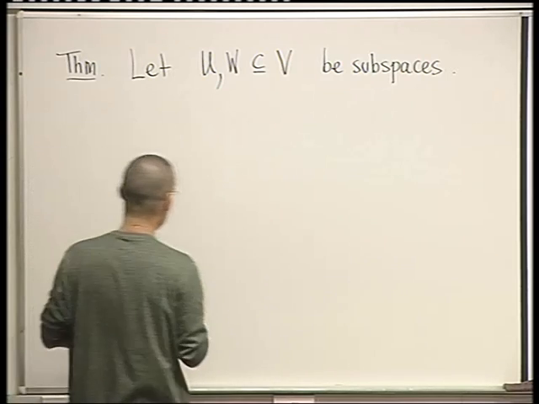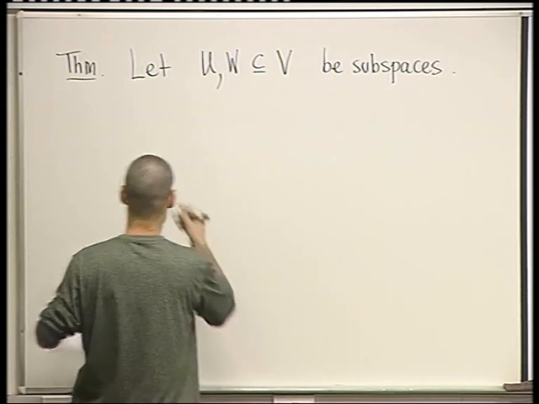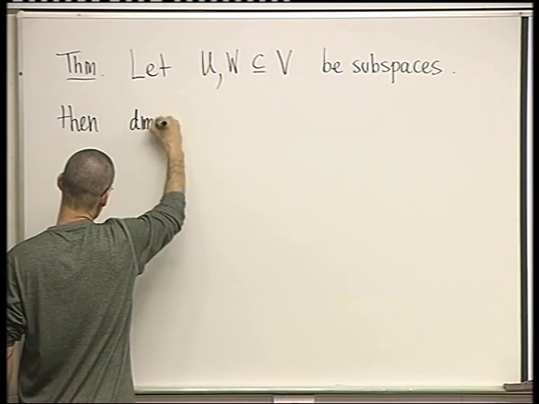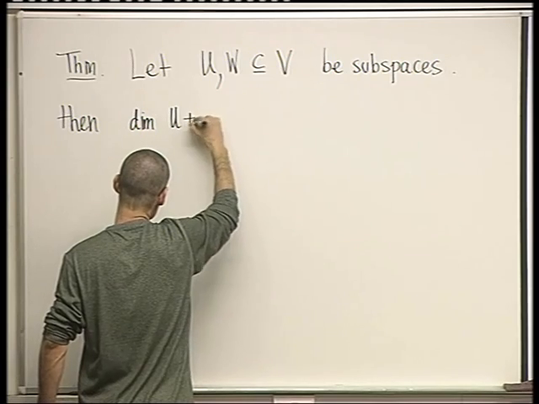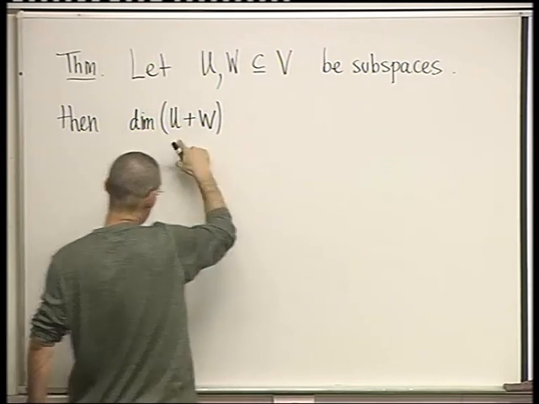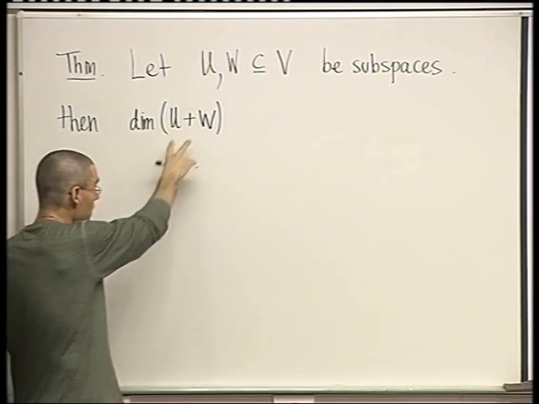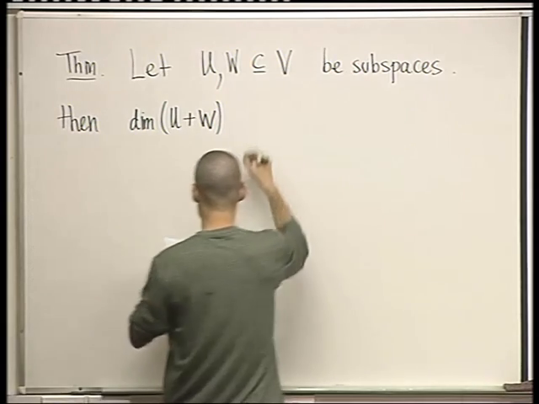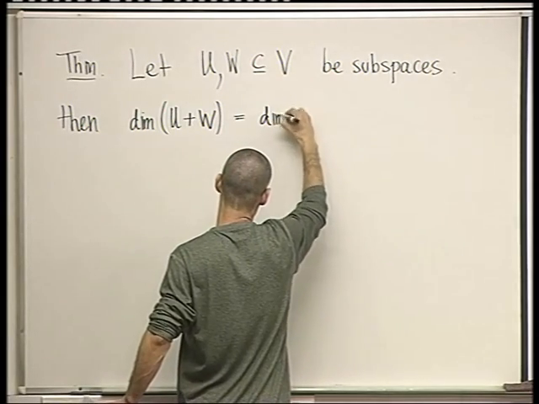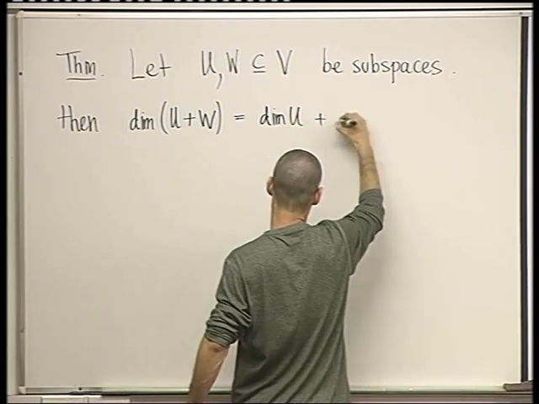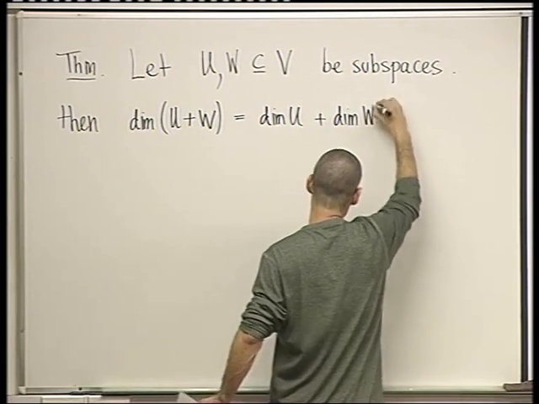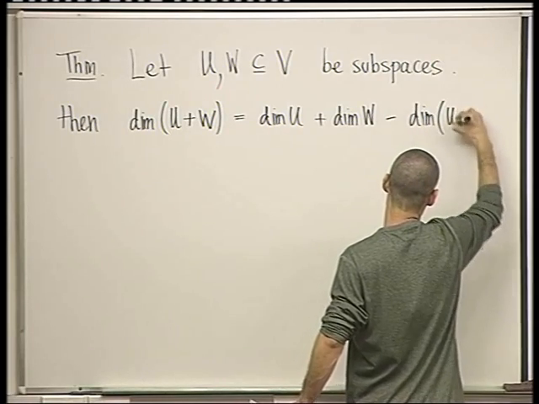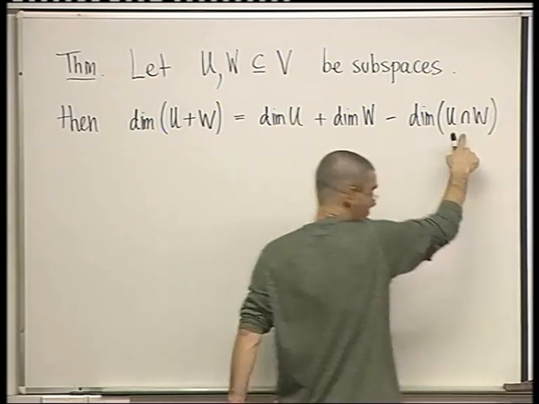So let U and W be subspaces. Then the dimension of U plus W, this is a subspace, it's all the vectors of the form little u plus little w, equals the dimension of U plus the dimension of W minus the ones that I counted twice, the dimension of U intersection W, and this again is a subspace.